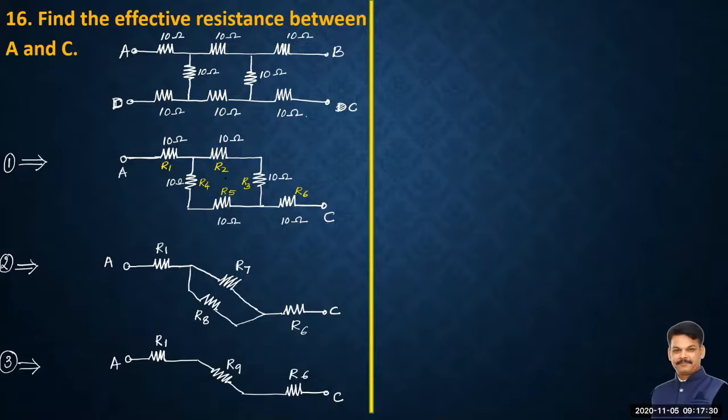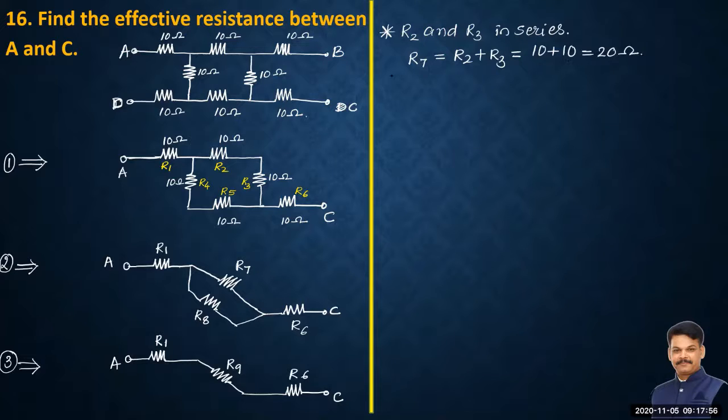In the first modification, I have R2 and R3 in series. So instead of that, I have R7, which is nothing but R2 plus R3. Substituting the values, 10 plus 10 is 20 ohm.